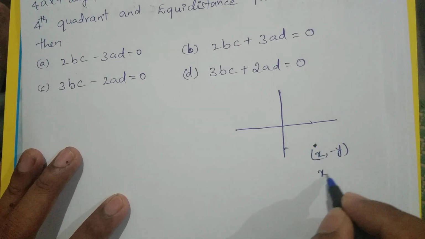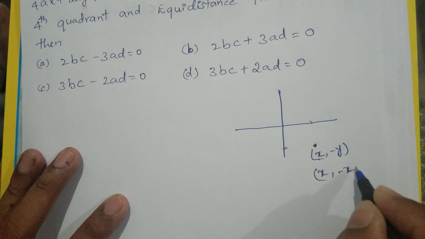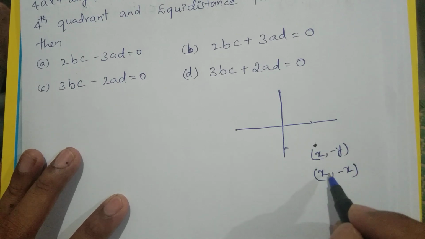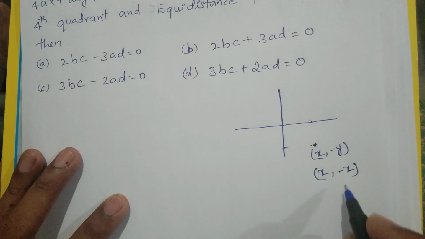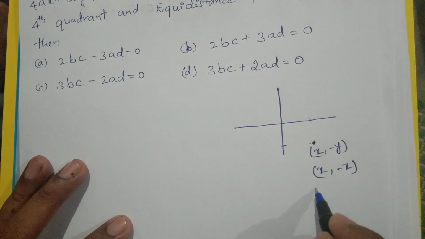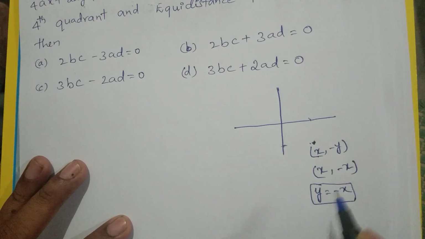Now in the place of x, keep it as it is. In the place of y, I will take x. Why? Because this is equidistant from both the axes. That's why in the place of y, I can take minus x. y is equal to minus x.